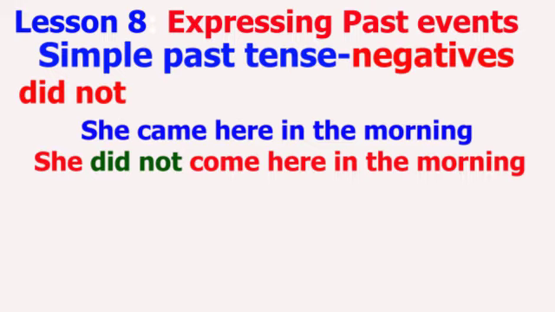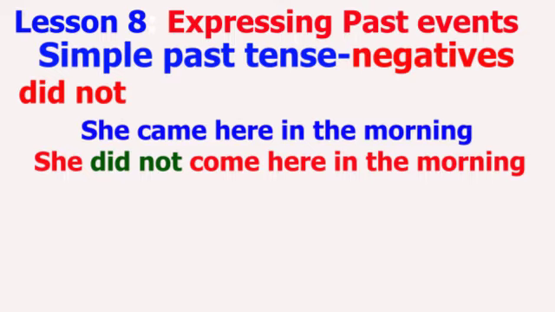Another issue to notice is the nature of the verb. Remember that when we are expressing these sentences in the positive, we are using regular or irregular verbs. But when we are making the sentence negative, the verbs must remain in their basic forms.